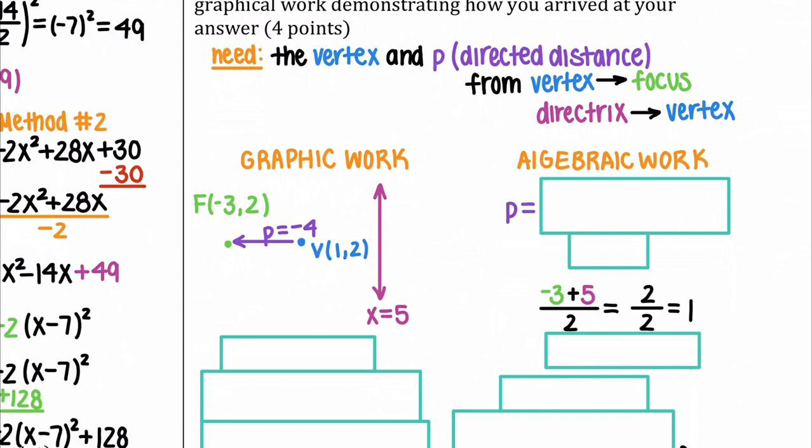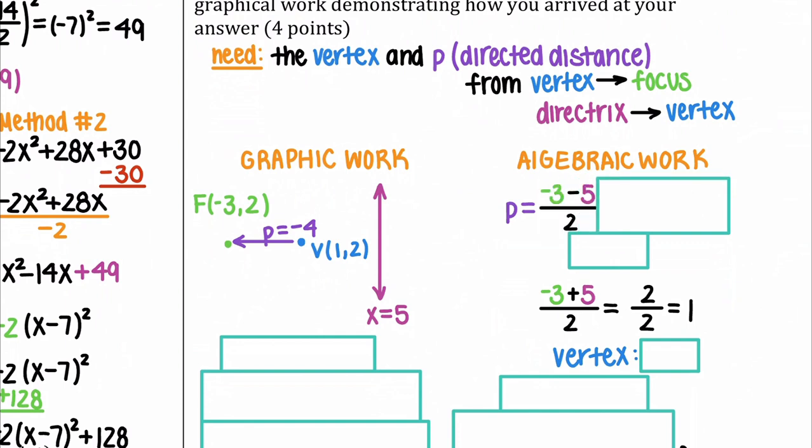And that is the x value of our vertex, because x equals 1 is in the middle of when x is -3 and x is 5. And then p tells us the directed distance. So we can find p by using what we know.